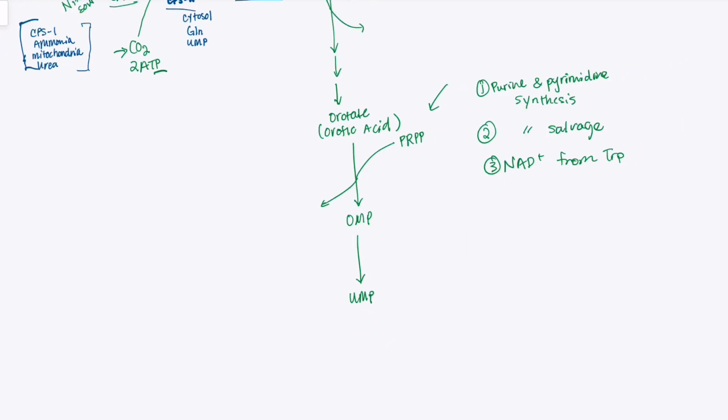And so obviously whenever we are pushing PRPP in, we're going to be kicking out those pyrophosphates. We're going to have 2 inorganic phosphates resulting from that. The enzyme that does this reaction is called orotate phosphoribosyl transferase.